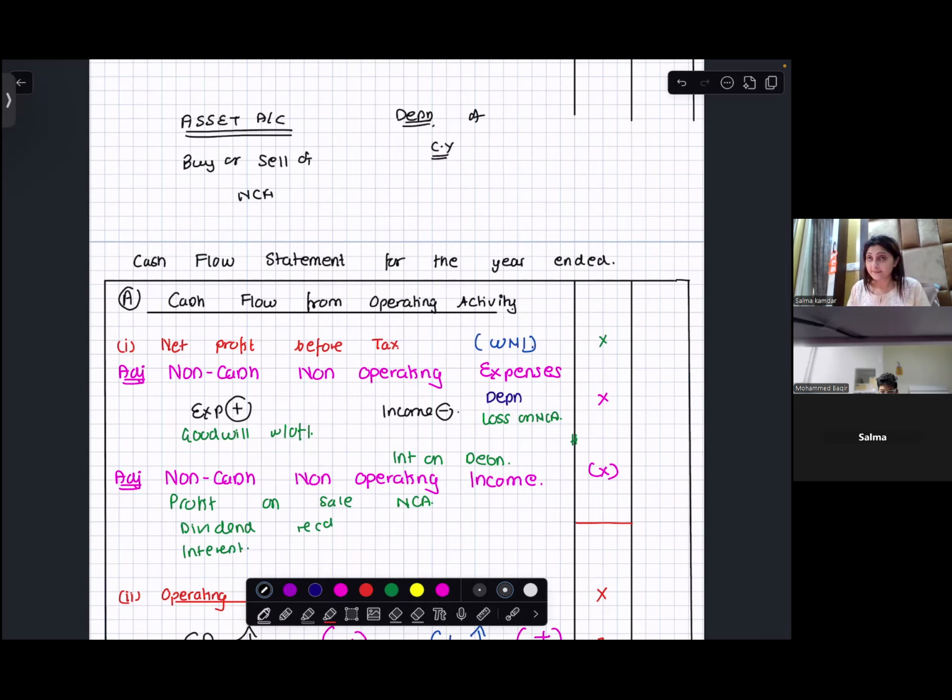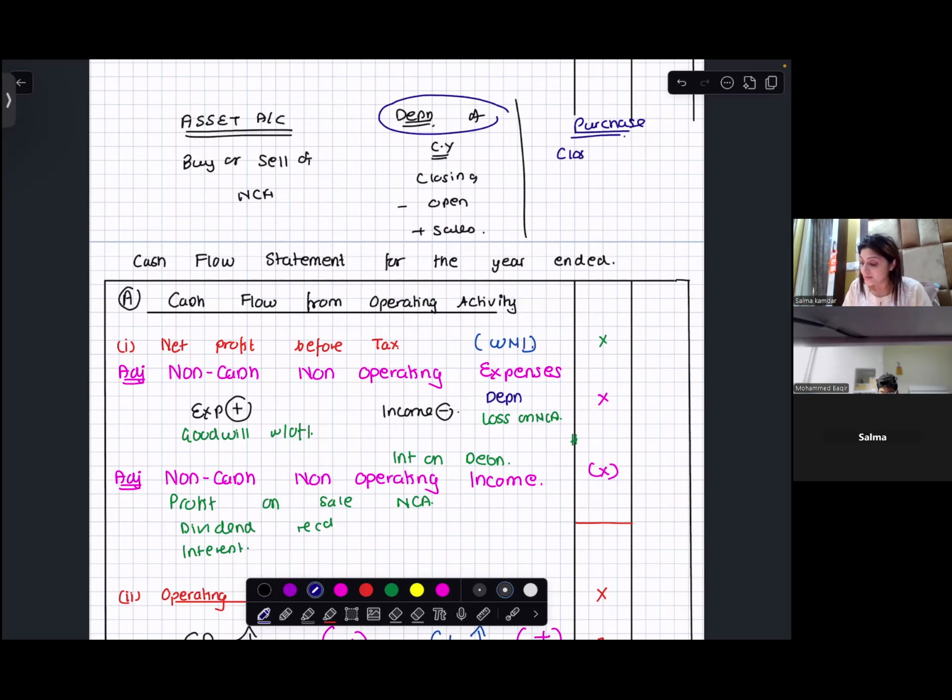Depreciation is the ending year minus the beginning year plus sales. Closing minus opening plus sales. Even for the asset, if you want to calculate purchase of asset, how will you get it?